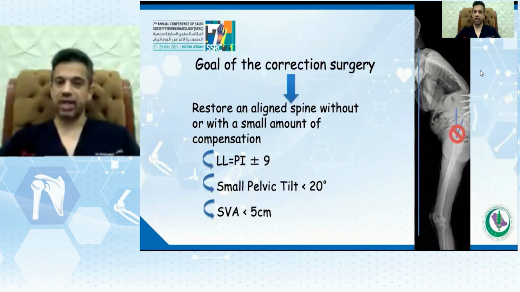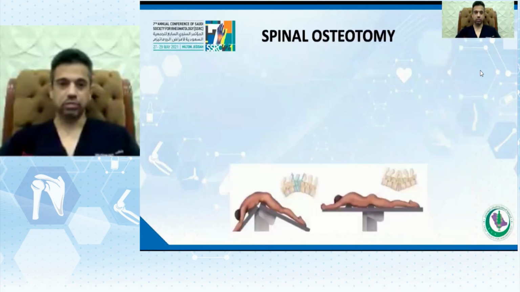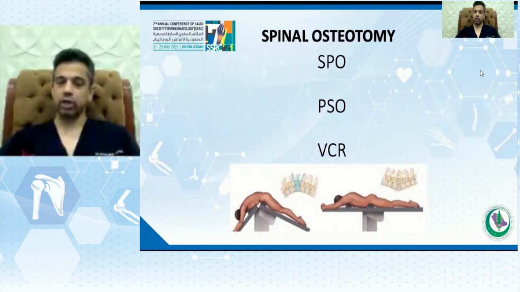The central vertical axis has to be less than 5 centimeters off the lumbosacral articulation, with no hip or knee flexion. We do that by breaking the spine into two parts, on a table that is bent, and then we correct the table, close that corrective osteotomy, and fix it.